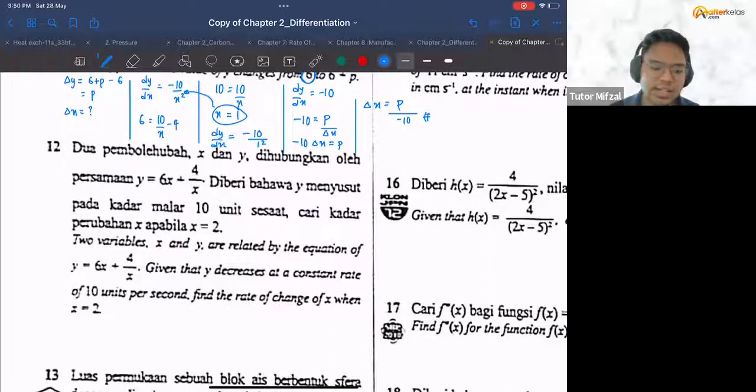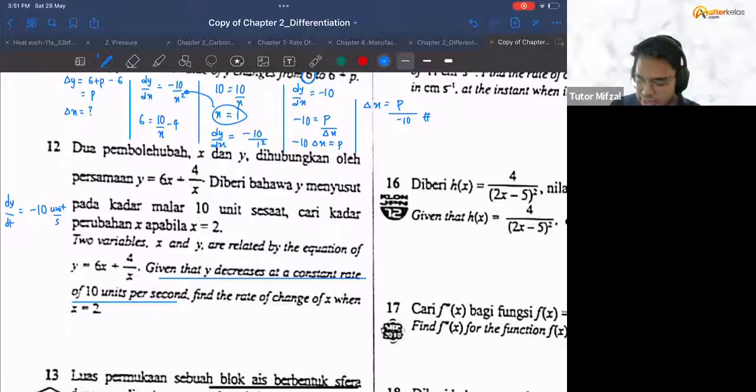So what is given over here is that y decreases at a constant rate of 10 units per second. So it is given that dy over dt is equivalent to negative 10. Why do I put negative 10? Because it says it decreases, at a constant rate of 10 units per second.